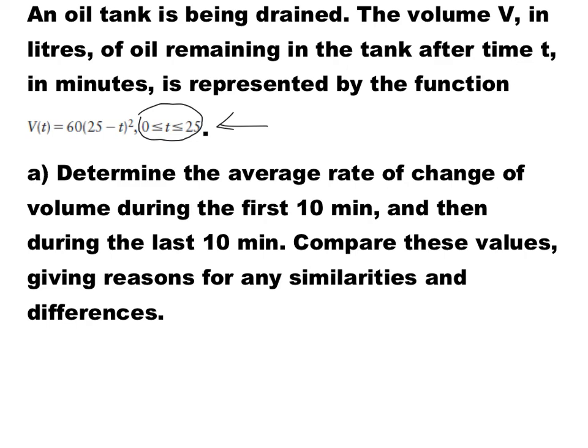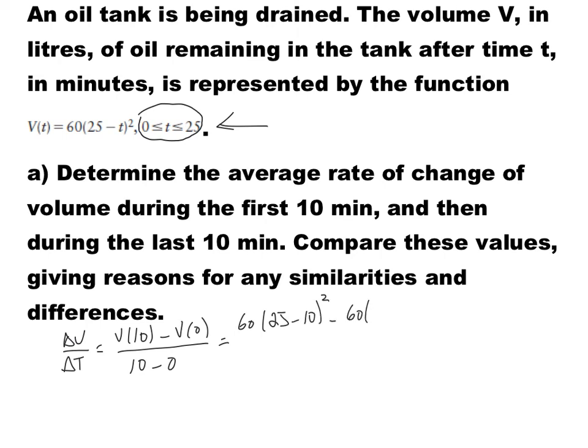So to find the average rate of change, we say delta V over delta T is equal to V of 10 minus V of 0 divided by 10 minus 0. V of 10 is 60 times (25 minus 10) squared minus 60 times (25 minus 0) squared, divided by 10.